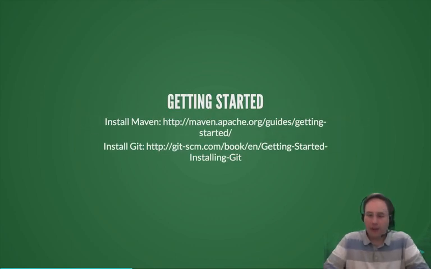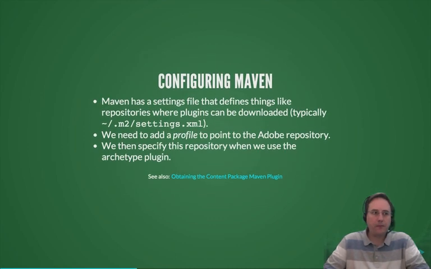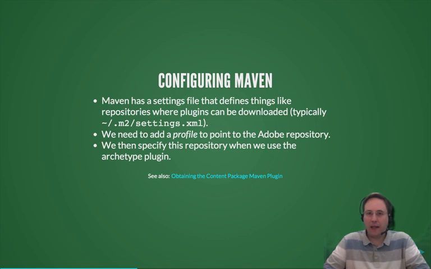So let's get started. The first thing you need to do is to install Maven and to install Git. Now there's great documentation about doing that, so I'm not proposing to talk you through that today. Once you've installed Maven and Git, you need to do a little bit of configuration of Maven.